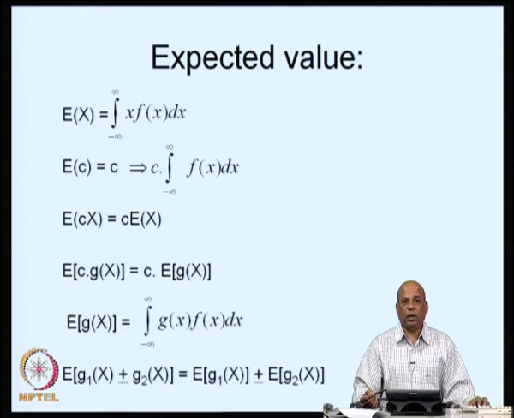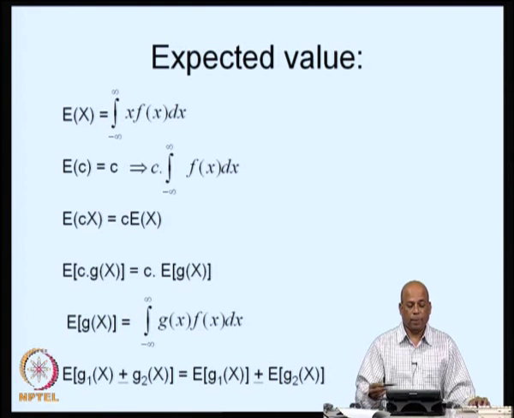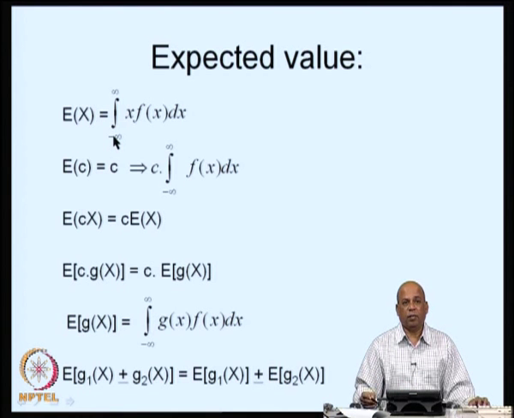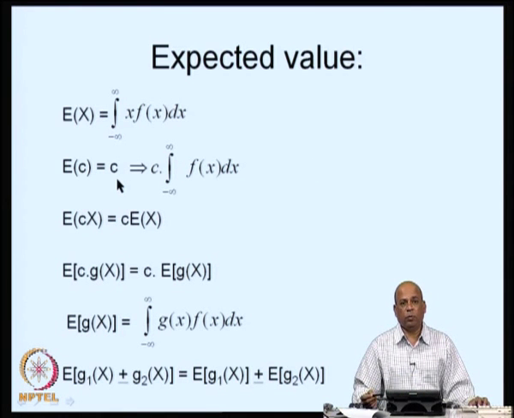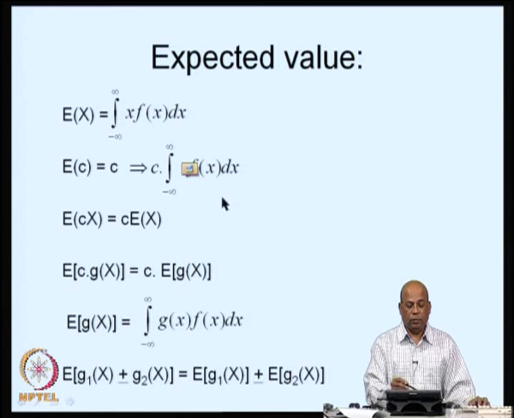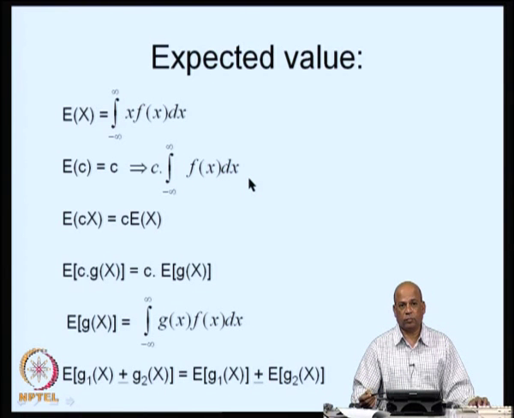Now, the expected value has certain interesting properties. First, by definition, the expected value of x is equal to the integral of x f of x dx between minus infinity to plus infinity. This is how we obtain the expected value. Now, the expected value of c is equal to c into the integral from minus infinity to plus infinity of f of x dx.